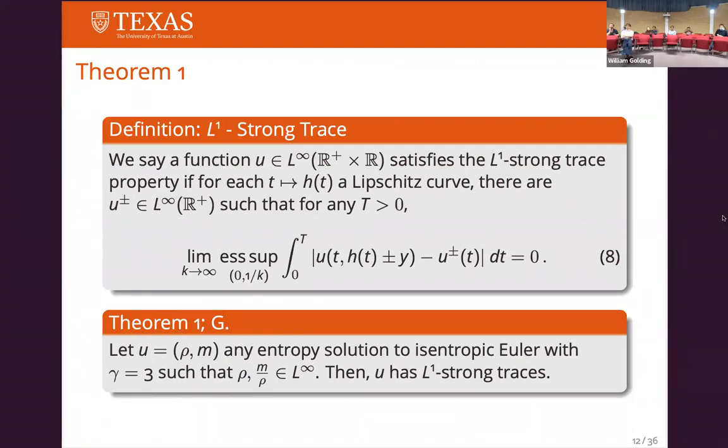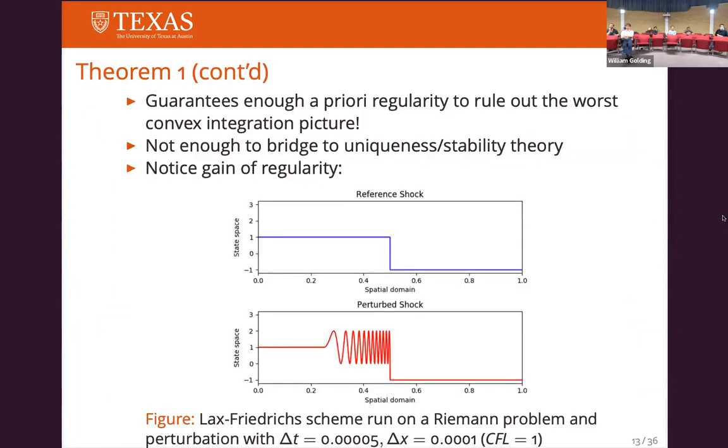Yeah, but this isn't enough to match the uniqueness. Right, so I have the supremum outside the integral as opposed to inside. So this is a weaker trace by a little bit. And just to give you an idea of why this is maybe nice, it rules out the worst kind of pictures that you could imagine.